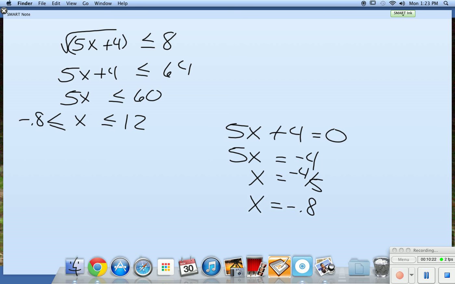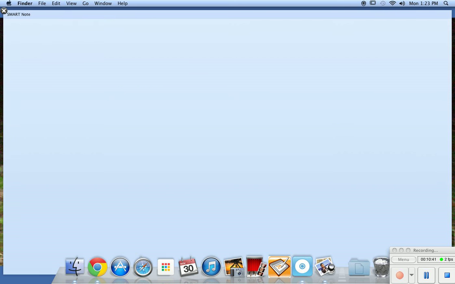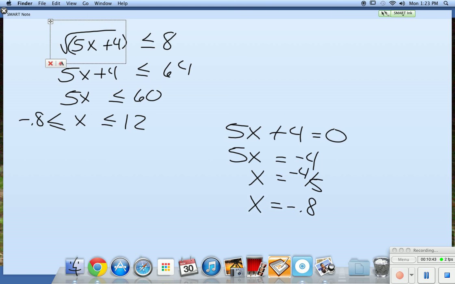If it's an even root, like a fourth root or a sixth root or eighth root, then this cannot be negative. All right, so just remember, if you have an even root, square root, fourth root, sixth root, eighth root, then you got to do this limit. This limit is going to come in, is going to be involved in this. Okay. All right, go ahead.